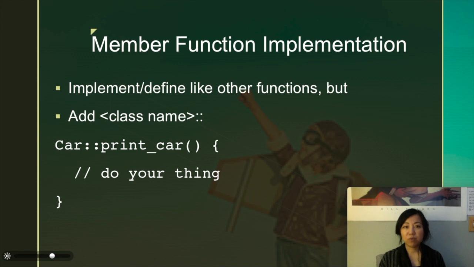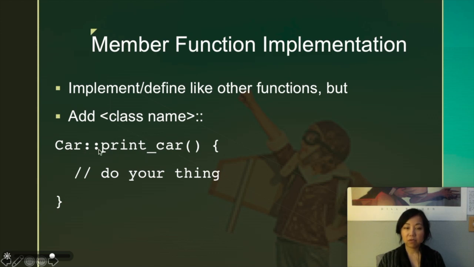So how do we implement a member function? When we say implement, it's basically writing the code to make it function the way you want, right? Before the print car, you actually have to specify the data type that you are implementing. You can see this later in the demo where we put this implementation.